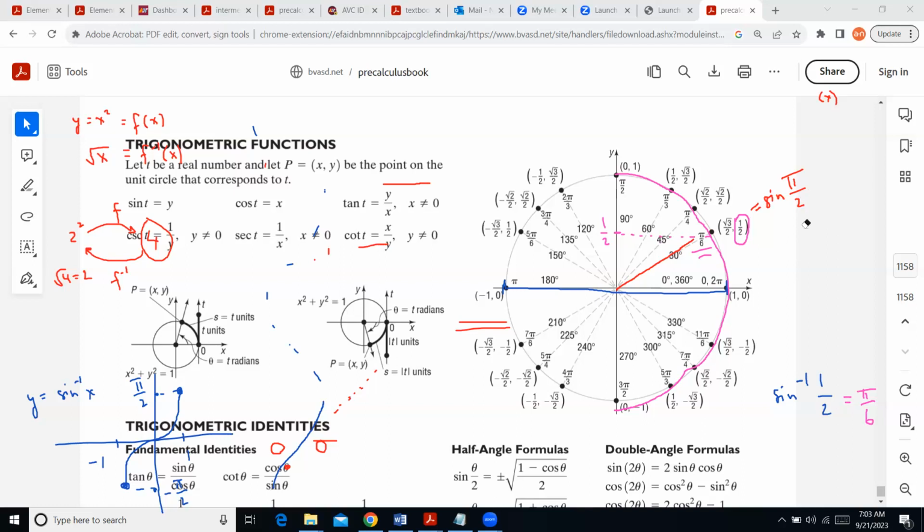So now we're returning backwards. So we say, okay, what if we have 1/2? What will be the angle that has a sine equal to 1/2? In other words, we are looking for an angle.